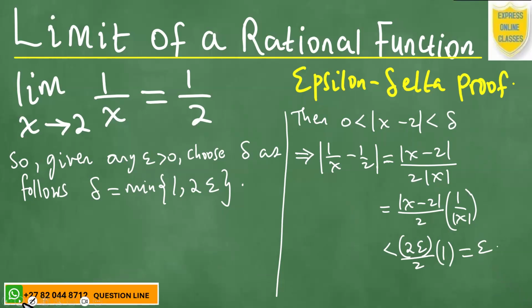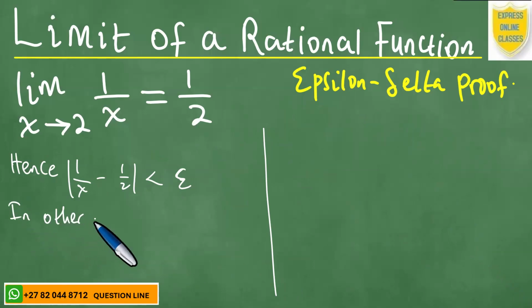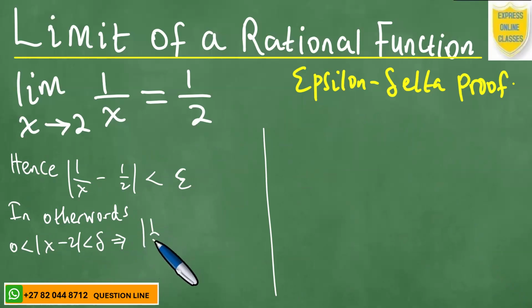In other words, 0 less than the absolute value of x minus 2 less than delta implies that the absolute value of 1 over x minus 1/2 is less than epsilon.